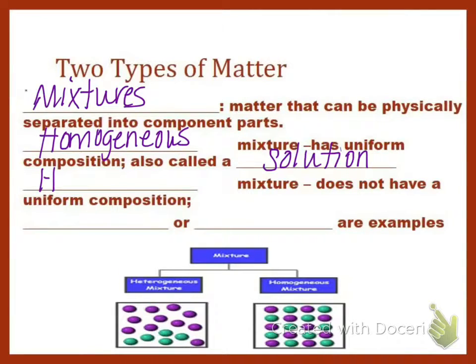The heterogeneous mixture, of course, has two phases, and you can visibly distinguish between its characteristics. So it does not have a uniform composition, and those are suspensions and colloids.